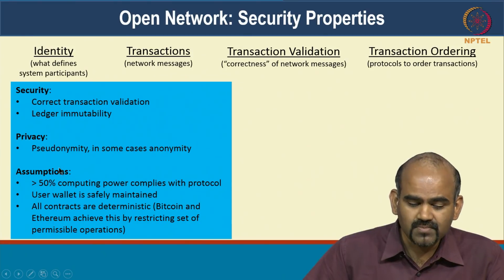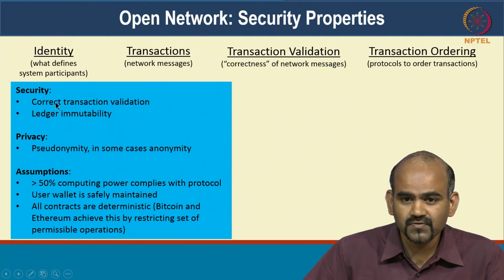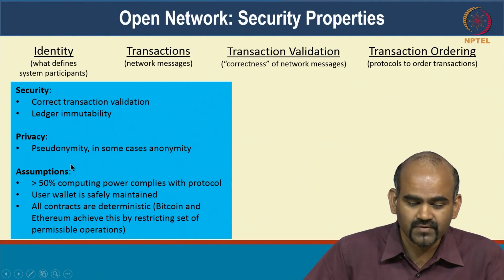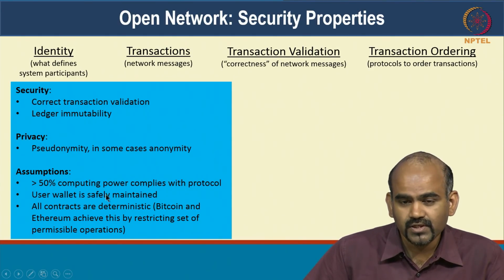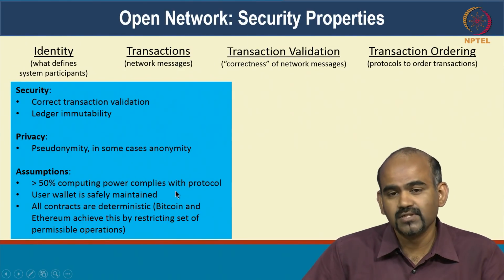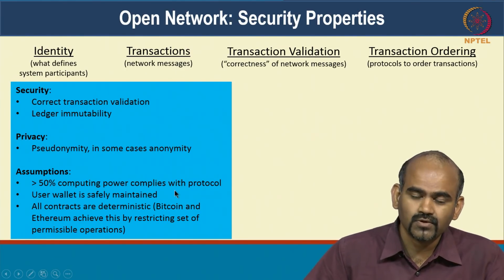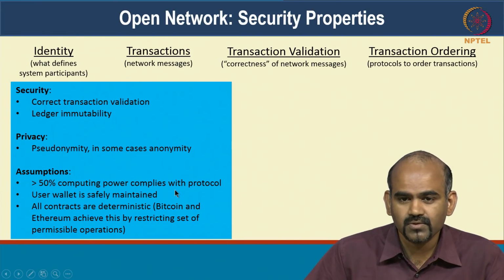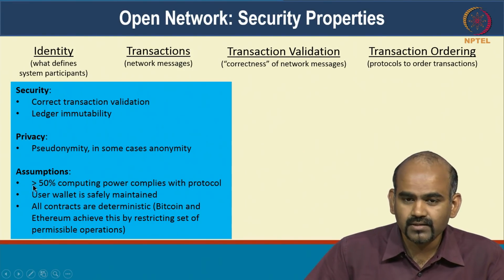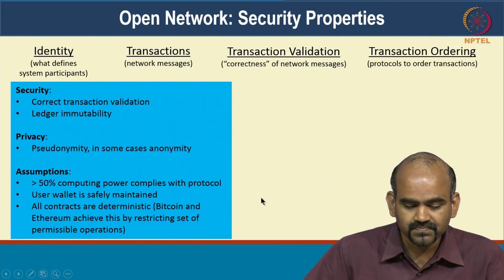And what are some of the assumptions? The assumptions to provide some of these guarantees in terms of security and privacy are that not more than 50% of the computing nodes have been compromised, right? So at least 50% of the nodes are following the protocol as stipulated. They're not compromised, they're not malicious, and they're all functioning as expected.